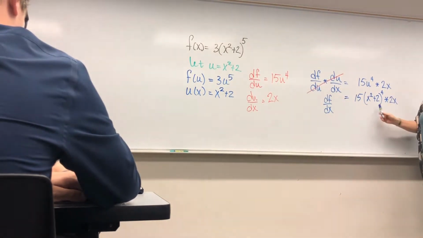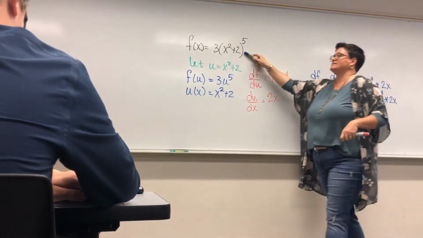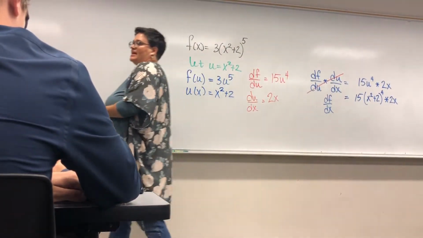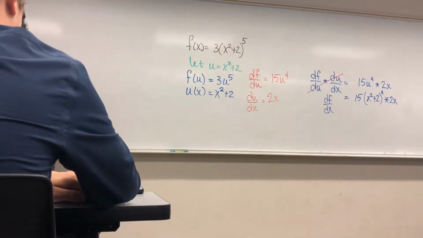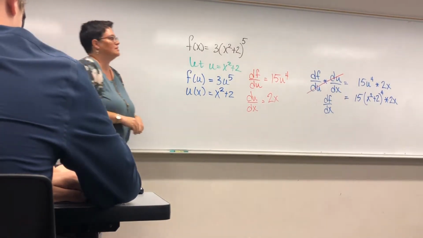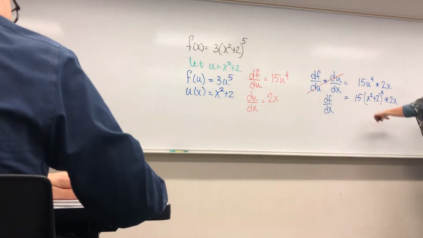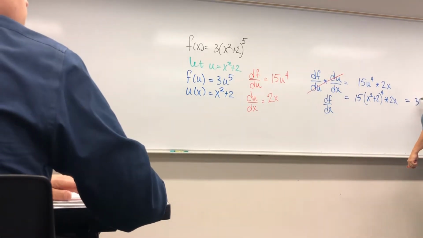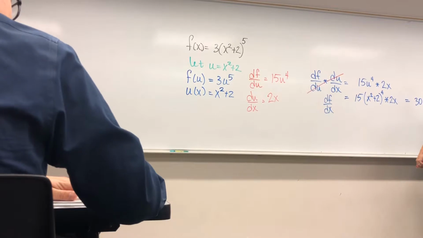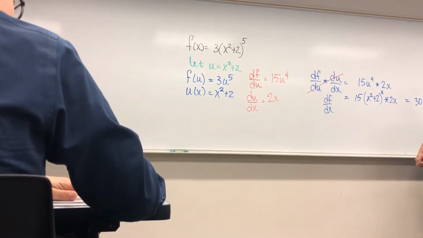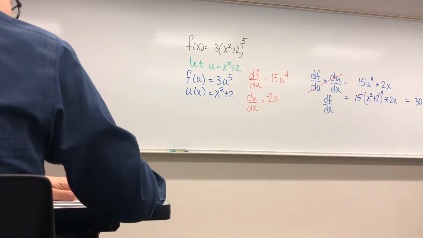So x is our input variable, and we're back to taking the derivative of the whole thing. And that's our final answer. I could simplify it a little bit by taking the 2x and multiplying it by 15. So I would get 30x times (x squared plus 2) to the 4th power. And then I'm done. And that's the derivative.